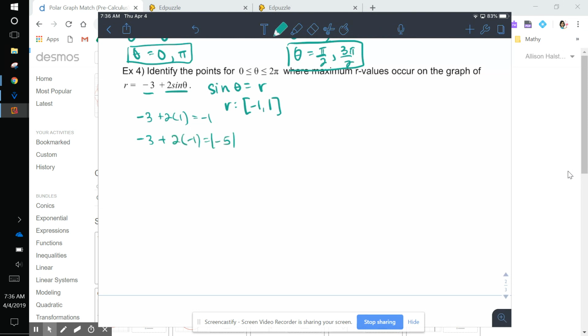The absolute value of this one is larger, so I'm going to look for when sine of theta is equal to -1. Some of this takes a little bit of intuition.